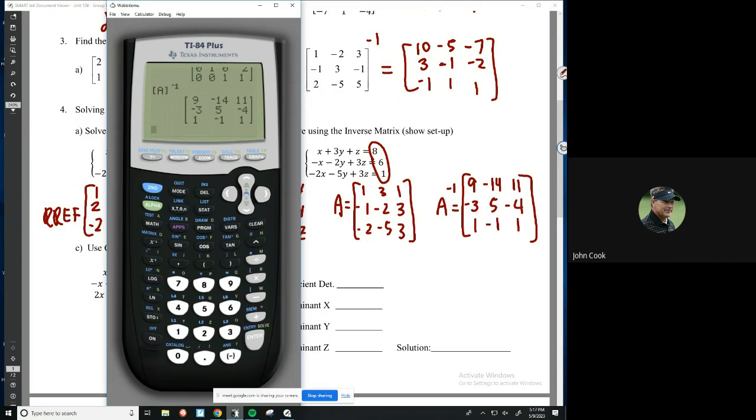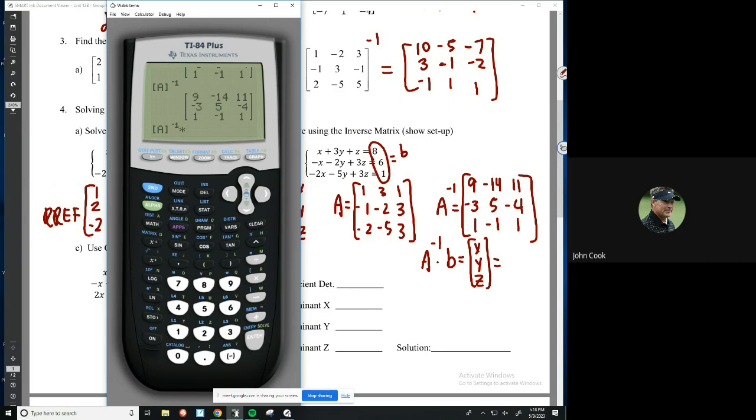And then what we do is we take this, let's say that this is equal to some vector B, okay? And we take A inverse times B, and that'll give us all of our values, X, Y, and Z. So let's see what this is going to be equal to. So we type in our inverse matrix now. So let's do A inverse, and then times, oh wait, we got to make that little vector of the solutions, the B vector.